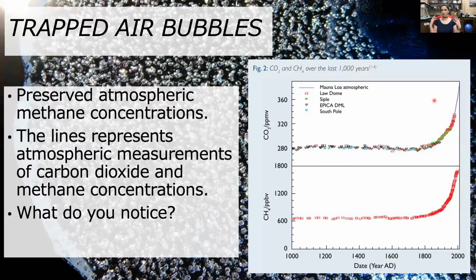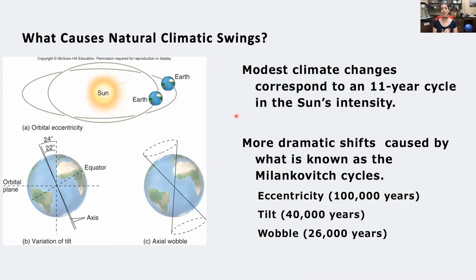So we know that there are natural cycles on Earth that have changed the climate on Earth, specifically swinging us back and forth between glacial periods, where the Earth was nearly entirely encapsulated by ice and snow, to interglacial periods, which is what we are experiencing now. We do expect modest climate changes that correspond to this 11-year cycle in the sun's intensity.